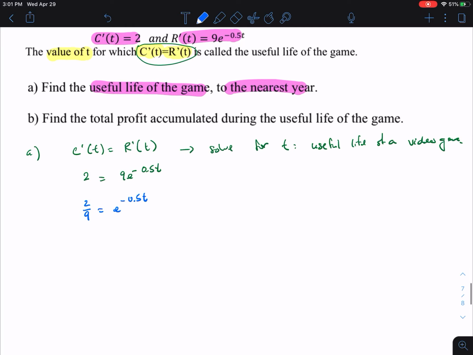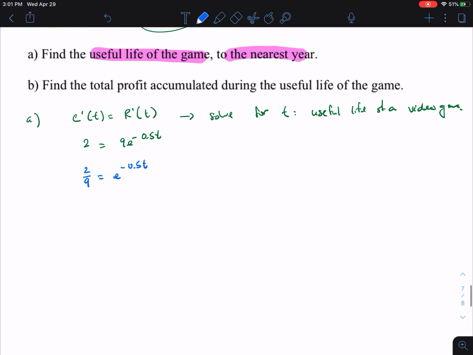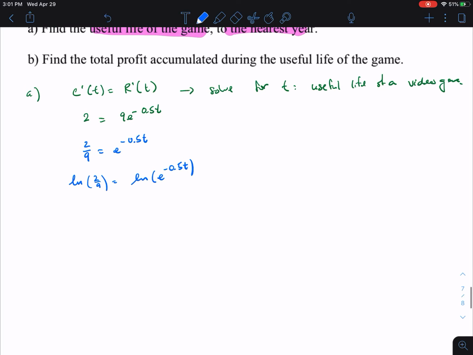If you recall, when we solve exponential equations that involve e, we can take the natural log of both sides. By doing that, it allows us to bring the powers down, and we can solve for t that way. So we have ln(2/9) equals -0.5t times ln(e), which is going to be 1.